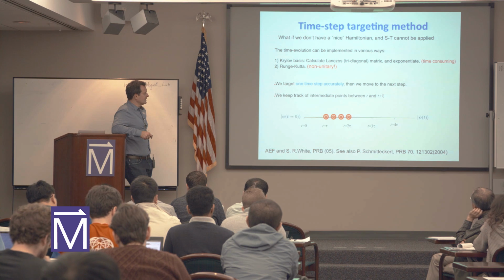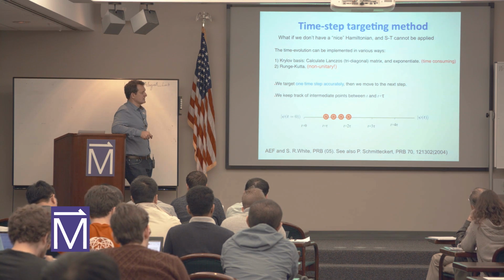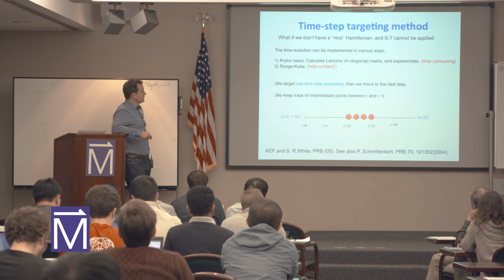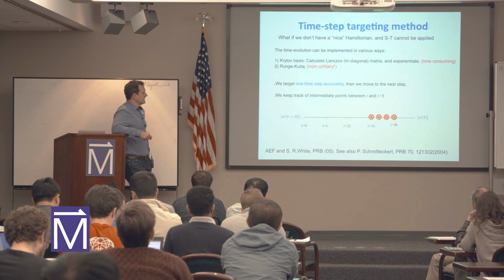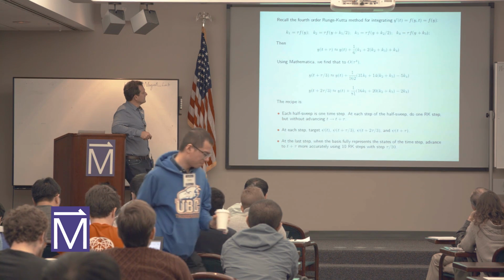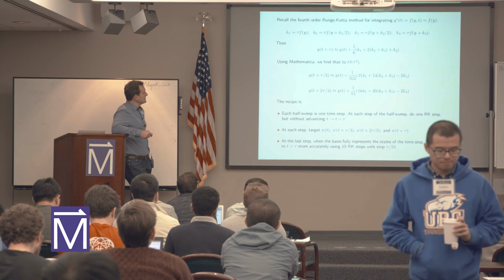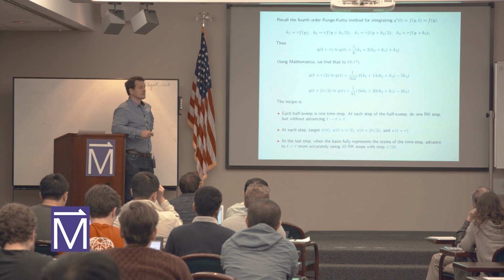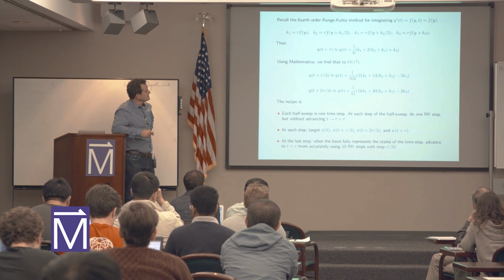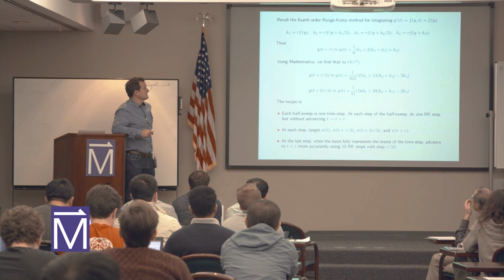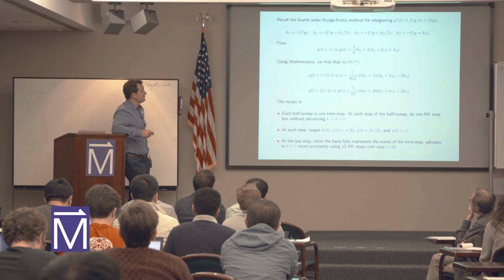And we repeat it again, but we only need to keep track of these 4 states. We don't need to keep track of the entire history of the state before that. And we keep repeating and so on and so forth. So these 3 states can be obtained easily from the Runge-Kutta states. You remember that Runge-Kutta is written like this. Your function at time t plus tau is your function of t plus 1/6.